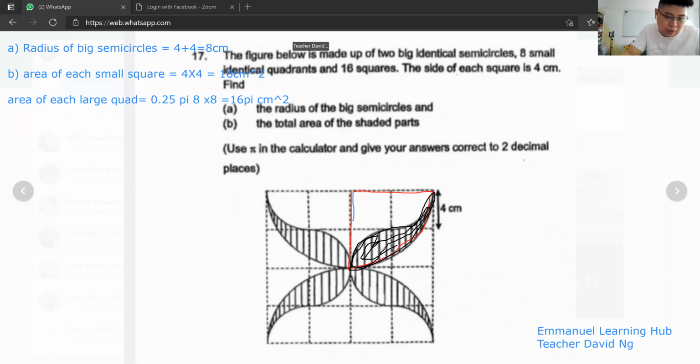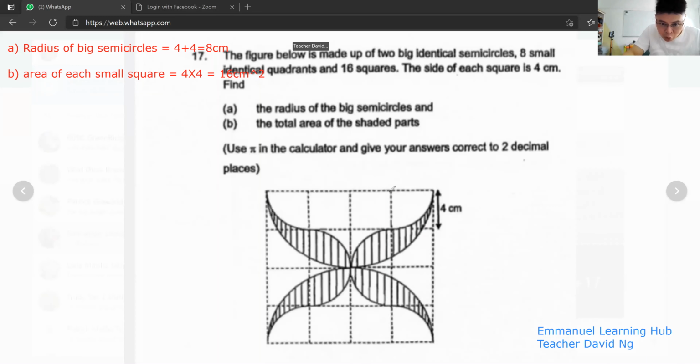So now let's work on one part first. If you examine closely, the shaded area here is apparently the area of the large quadrant minus 2 small squares. Let me repeat: the area of the large quadrant, which is this one, minus 2 small squares.